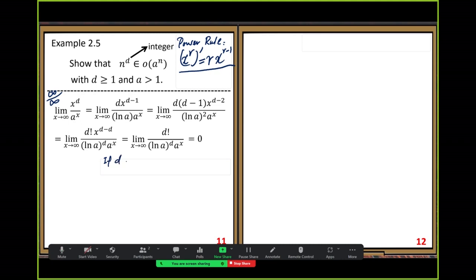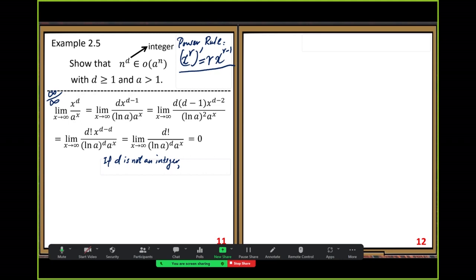If d is not an integer, then can we round it up to an integer? Round it up, not round it down.